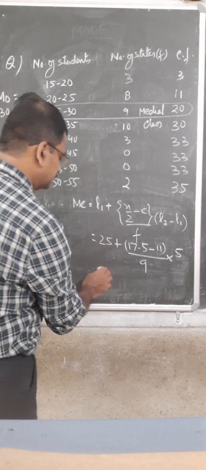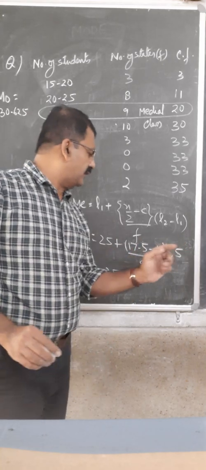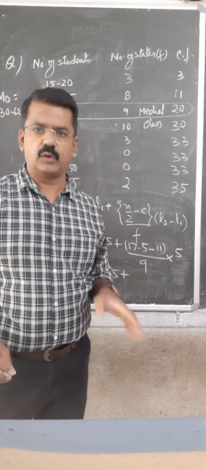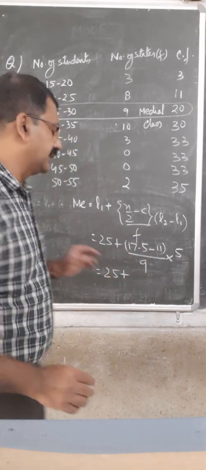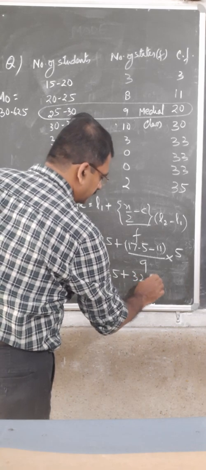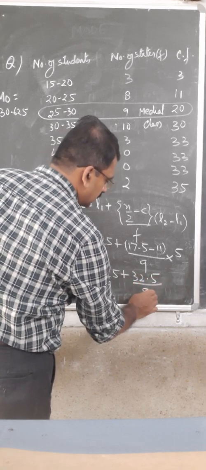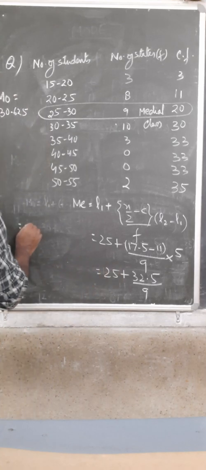Now 25 plus 17.5 minus 11 will be 6.5. Okay. Now 6.5 into 5 will be 32.5. So it is 32.5 by 9. You take 9 LCM.